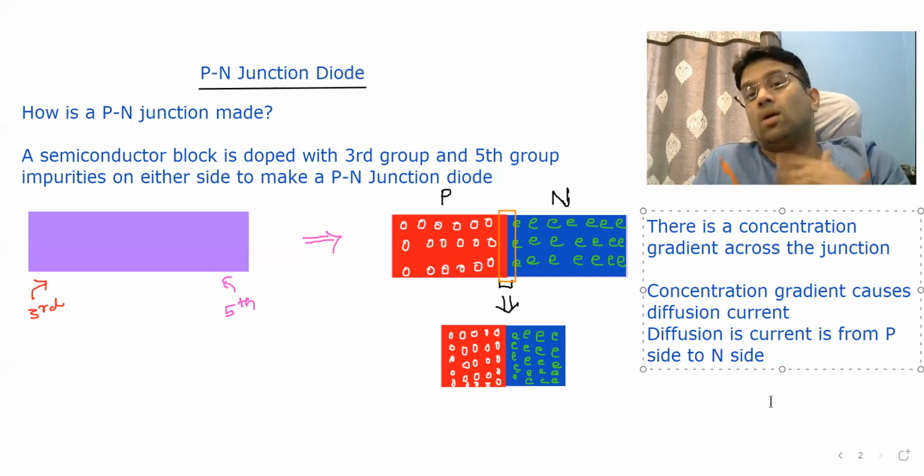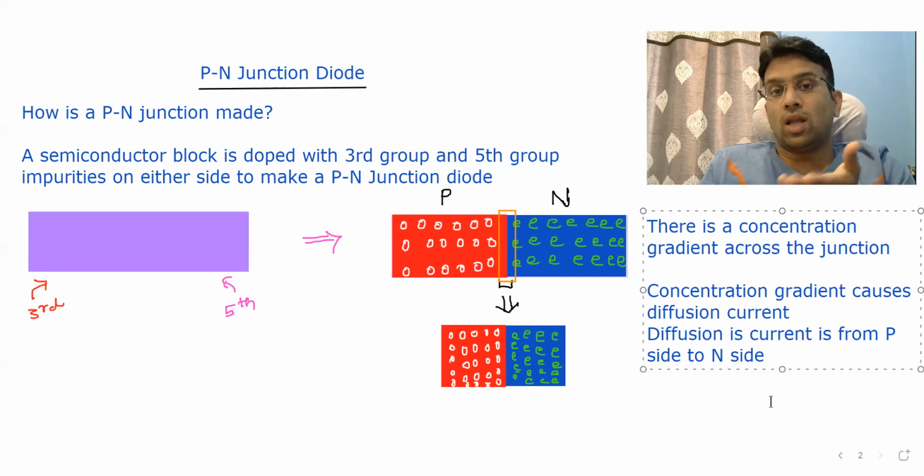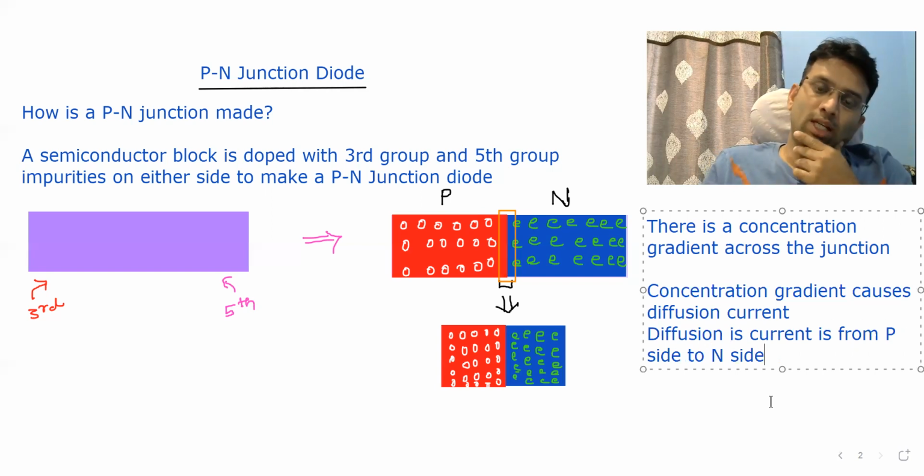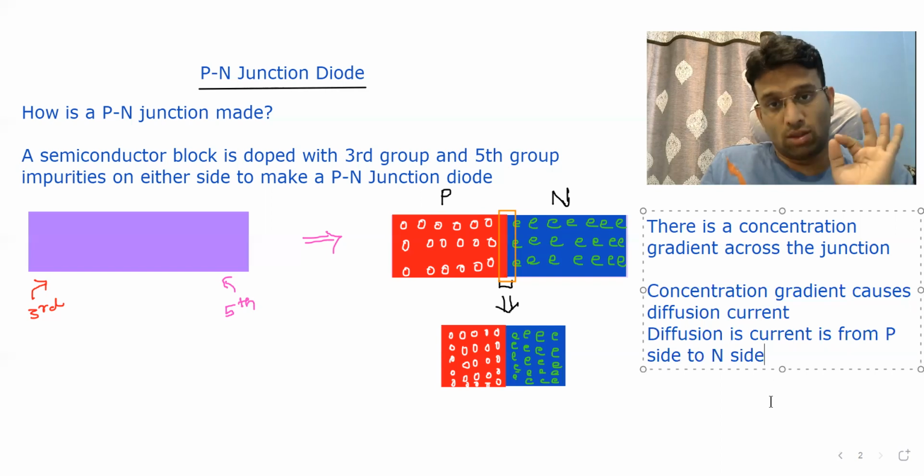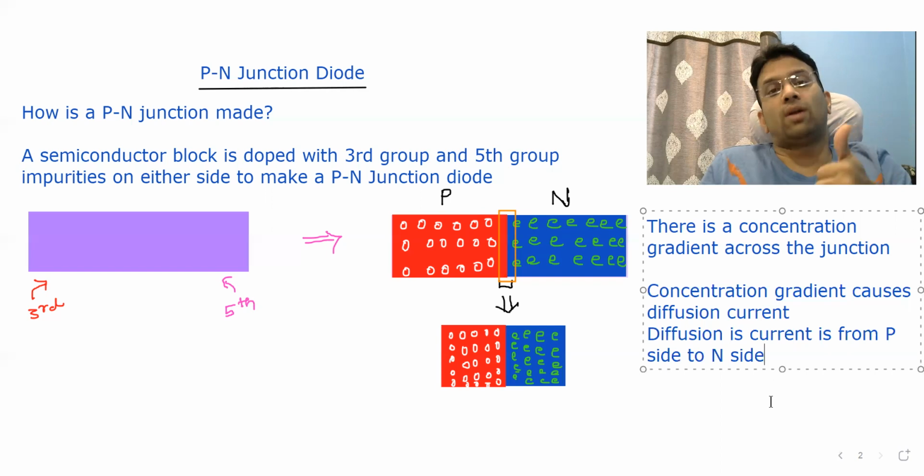Electrons diffuse from N to P, but diffusion current is from P side to N side. So diffusion current is caused due to concentration gradient, and it is from P side to N side.